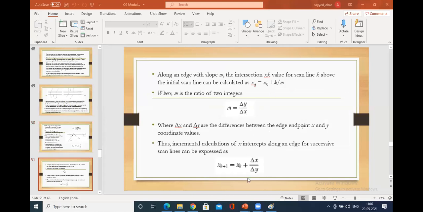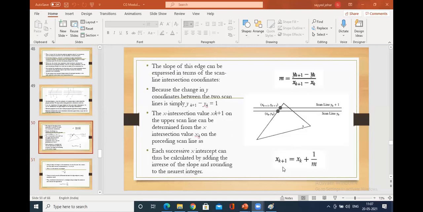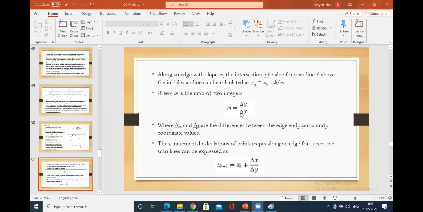So you know how to calculate xk plus 1? xk plus 1 is nothing but xk plus the change. To calculate the next x-intercept, you need xk plus the slope of the line between these two points. The slope of the line is delta y by delta x, as I mentioned.